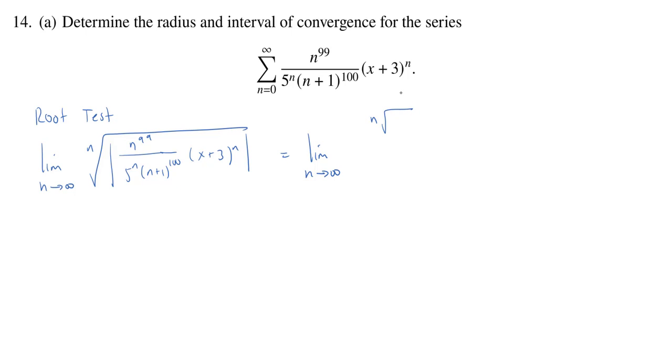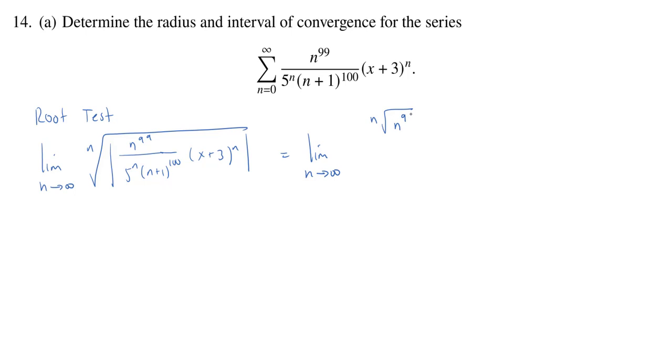The nth root of, now let's see, do I need absolute values on anything? Well, the n, that's always going to be positive. The 5 to the n, that's always going to be positive. N plus 1 to 100, that's positive. X plus 3 to the n, that could potentially be negative. X has free reign potentially of all real numbers. So that's the one place we're going to have to leave the absolute value.